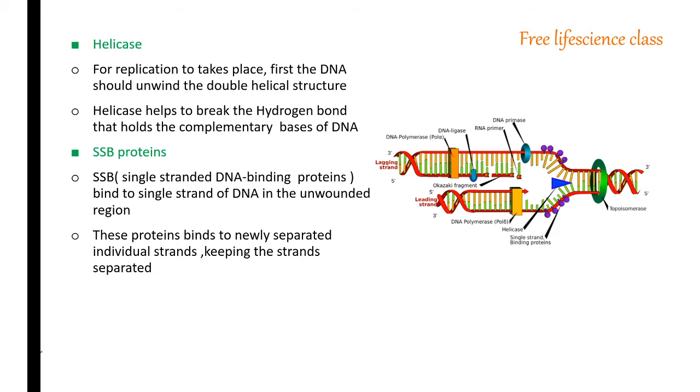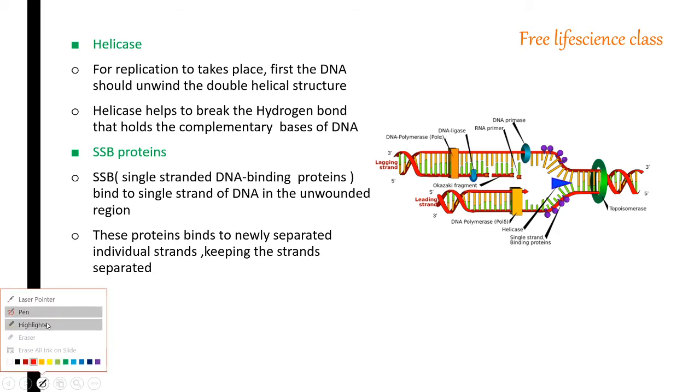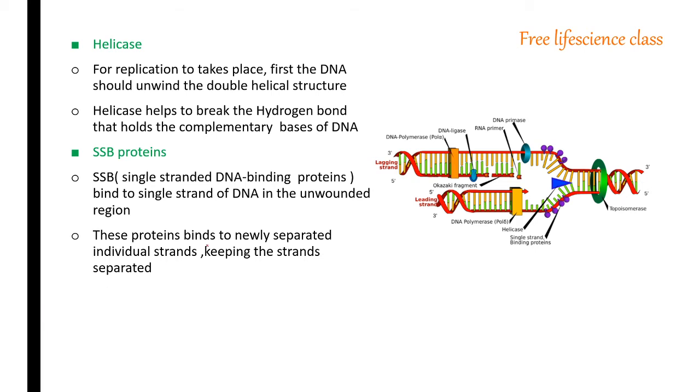Everybody understand? So this protein binds to the newly separated individual strands and keeps the strands separated. That means it doesn't allow these two strands to make hydrogen bonds between the complementary bases. Everybody understand this point about SSB proteins?